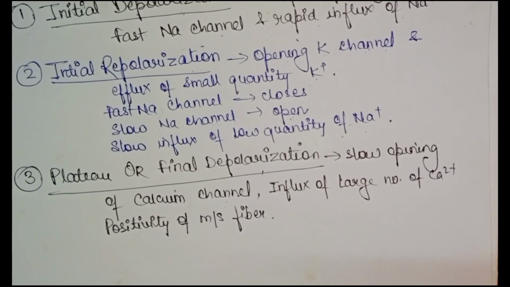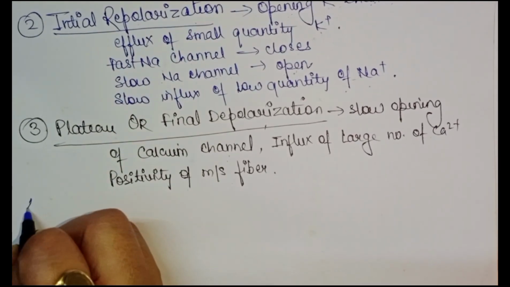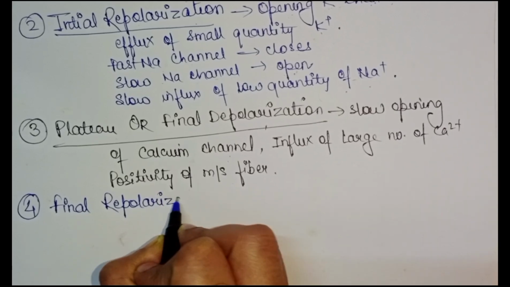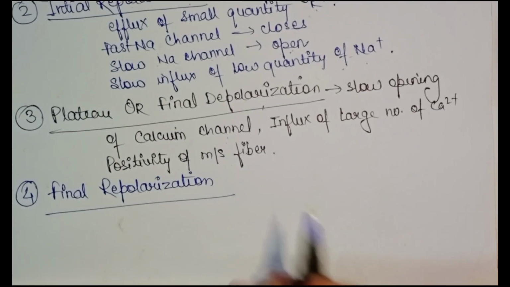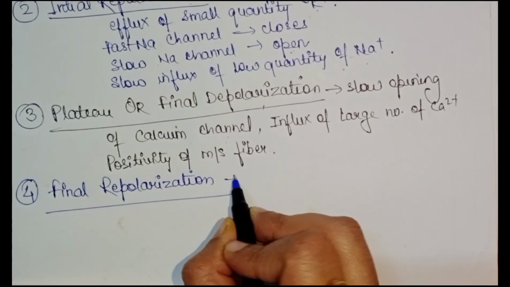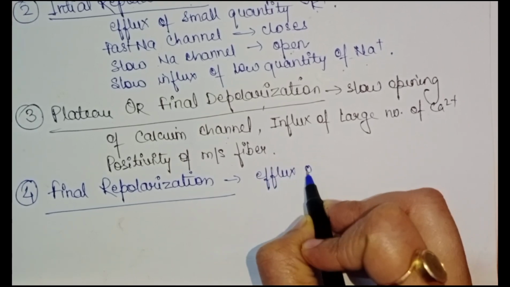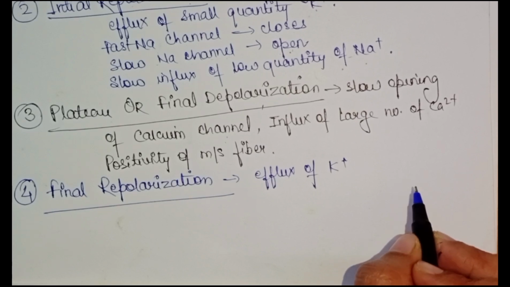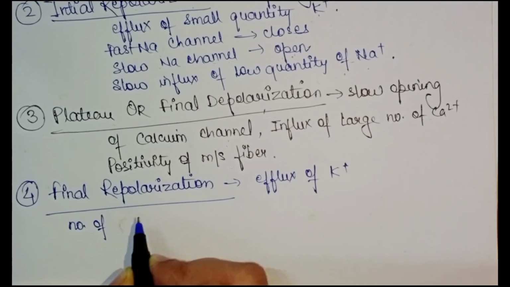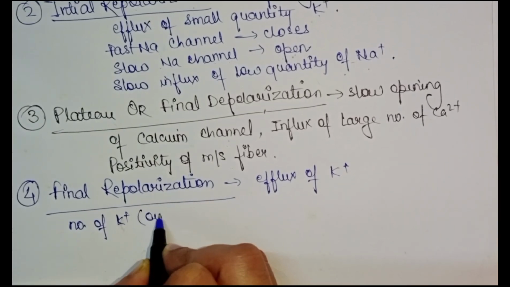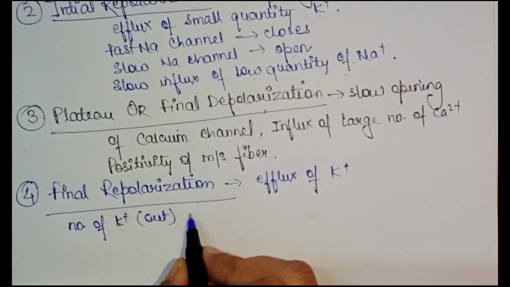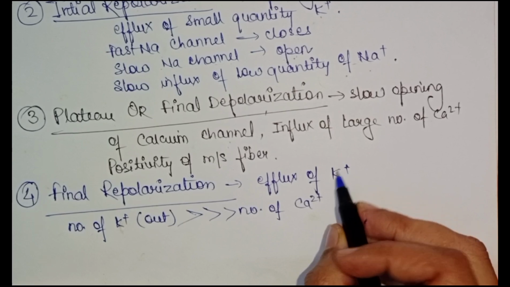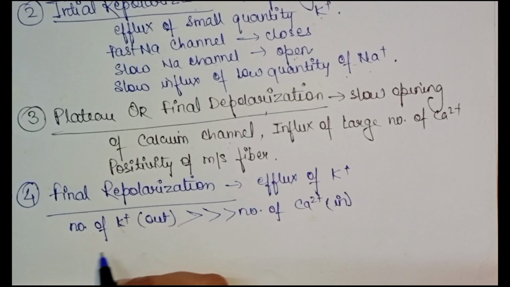Coming up next is the final repolarization. Final repolarization is due to the efflux of potassium ion, and the number of potassium ions moving out of the muscle fiber exceeds the number of calcium ions moving in.